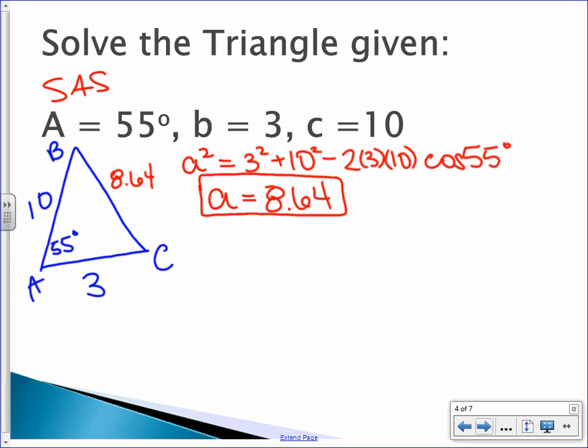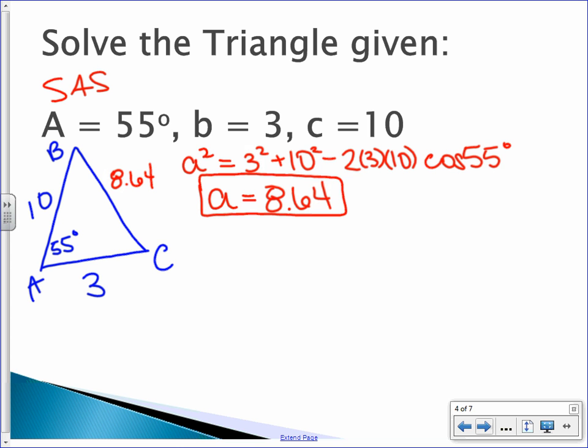Now, if you start out with the law of cosines, you will never have a second triangle. However, you need to make sure that your triangle makes sense. Okay? So would you guys like to switch to the law of sines at this point? We don't have to consider the second triangle, but if our triangle doesn't make sense, we will have to adjust our angles.